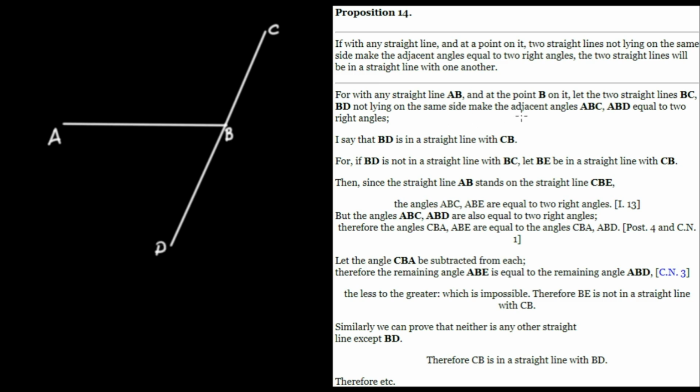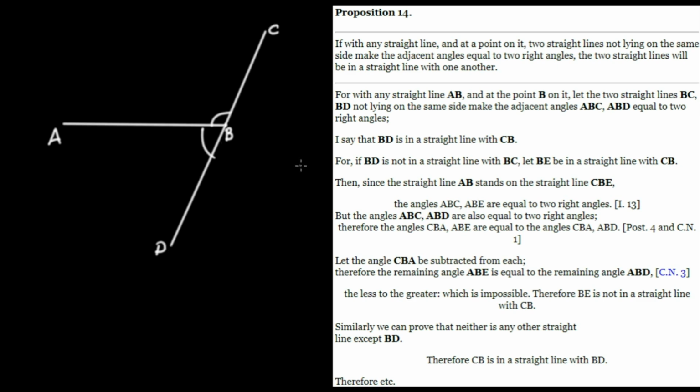And they make the adjacent angles ABC, so ABC right there, and ABD. Now he's saying that if those two angles are equal to two right angles, then it follows that BD is in a straight line with CB.